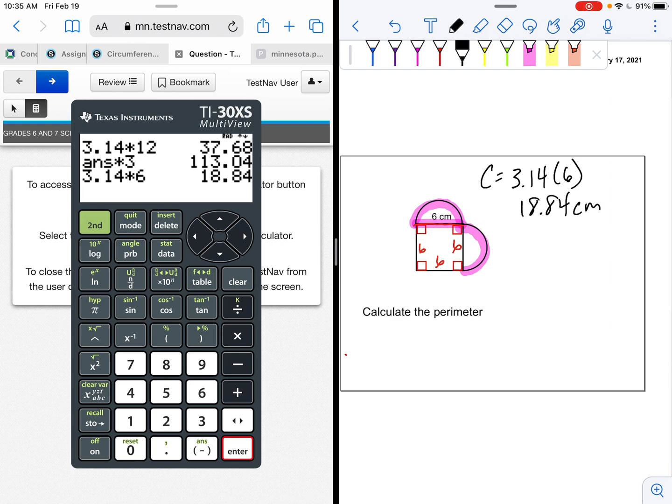So I know that part of the circle is 18.84. Now, the only other part I need to find is this. Well, this is the outside of a square, whose side lengths happen to be 6. So I'm really just going to add 12 to this. And so I'm going to end up with 30.84 centimeters for my circumference.